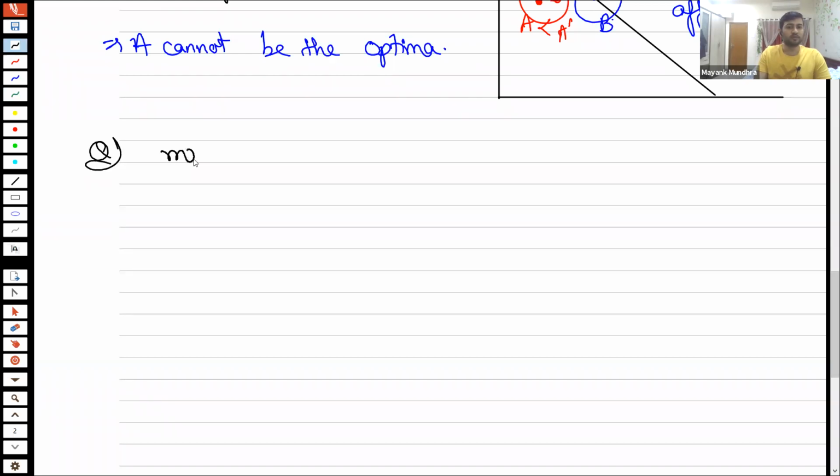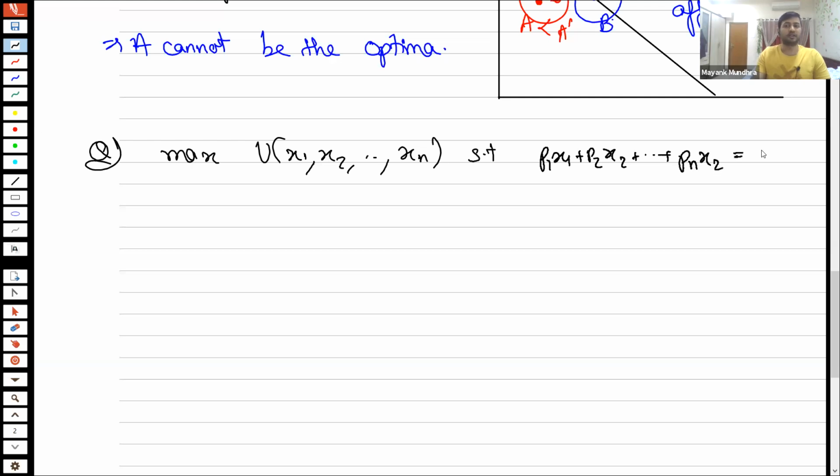The objective problem is to maximize u of x1, x2, and so on till xn, such that p1 x1 plus p2 x2 and so on till pn xn is equal to income. Okay, so this is the objective problem. First you write down your objective problem. This is the function that you are optimizing, and this is the constraint.